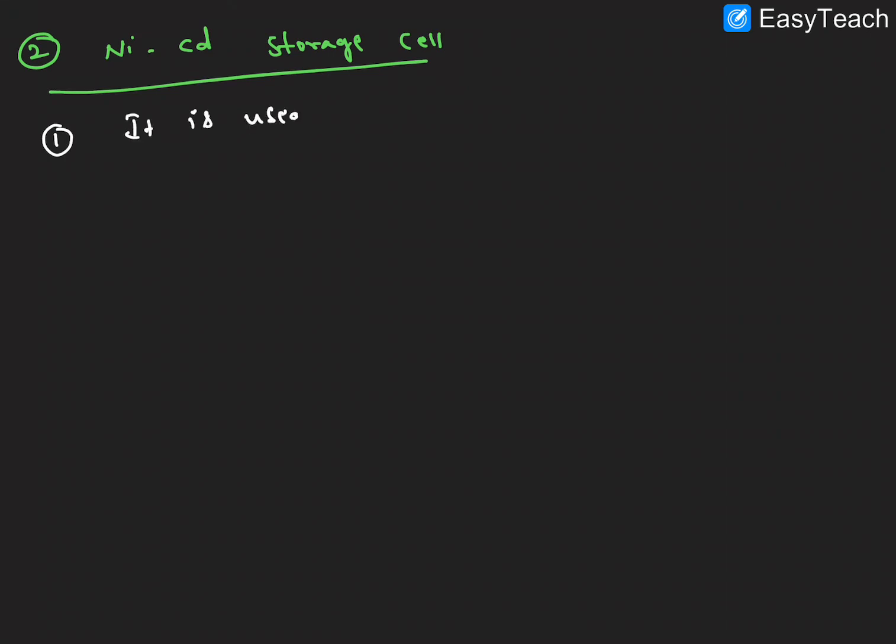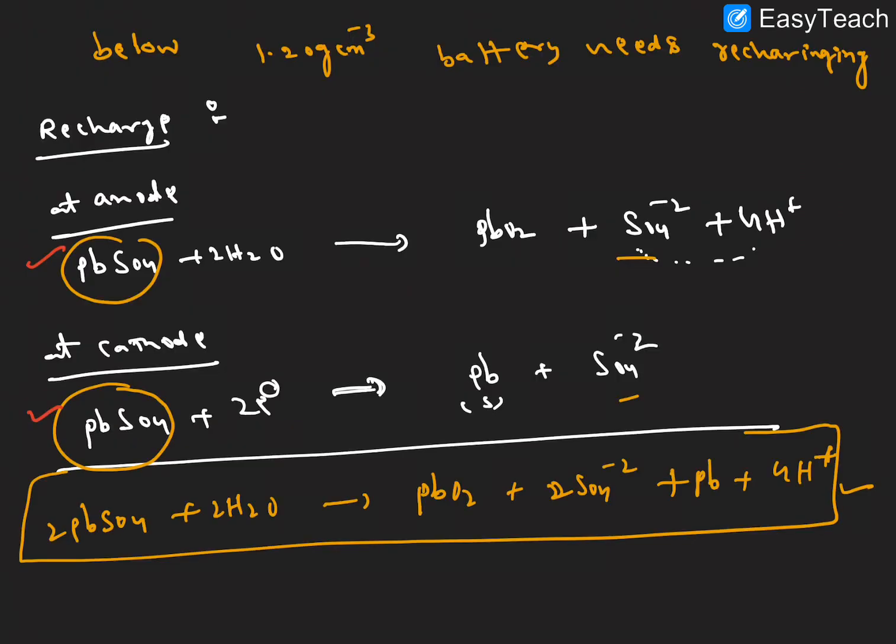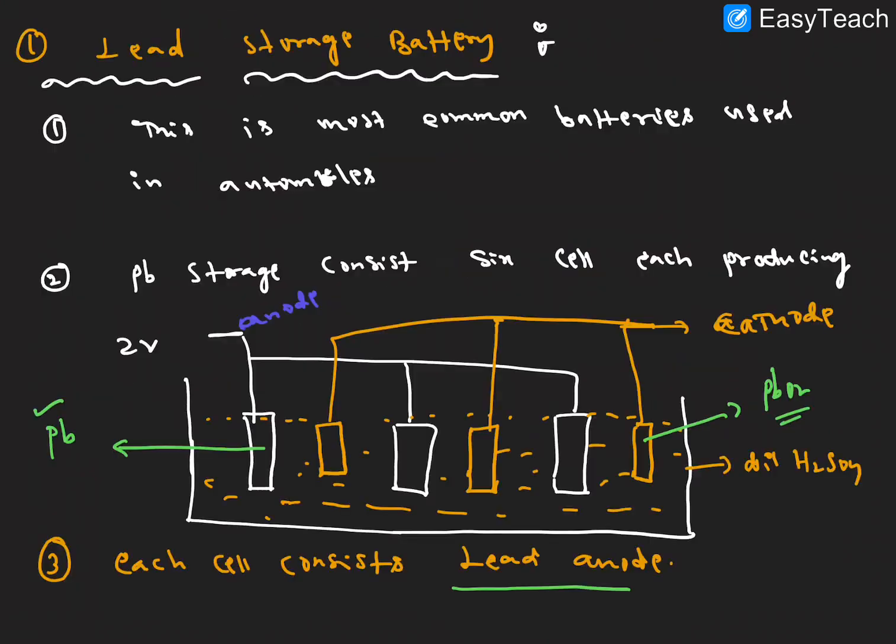Point number 1, it is used in calculators. One more important point in the lead storage battery: generally the lead storage battery produces 12 volts.